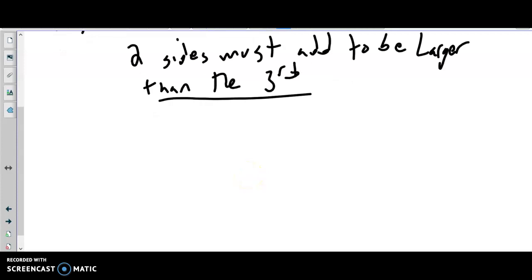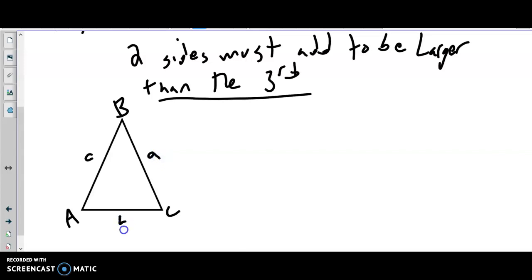If we make our fancy triangle, and I label this A, B, C, I don't know any side lengths here, but if I call this side length little c, this side length little a, and this side length little b, I know that a plus b has to be larger than c. Not equal, can't equal it, has to be larger than that.